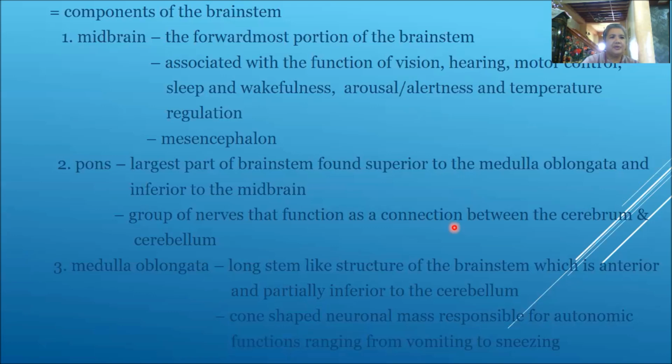Now, you have the third component, which is your medulla oblongata. This is a long stem-like structure of the brainstem, which is anterior and partially inferior to the cerebellum. The medulla oblongata is cone-shaped. It is a neuronal mass responsible for autonomic function, ranging from vomiting to sneezing.